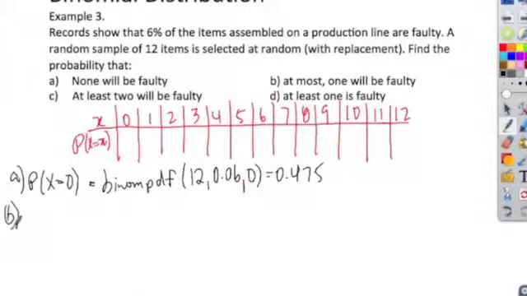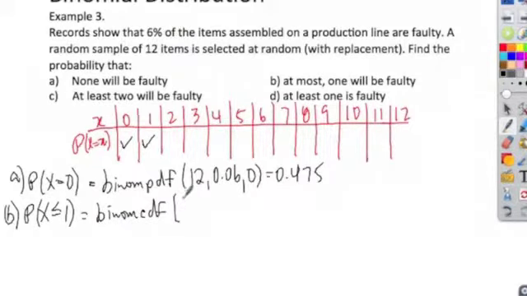Part B asks, at most one will be faulty. So the notation for that is probability x is less than or equal to 1. That's at most. All right. So now what I want to do is add up the probability of none being faulty or the probability of 1 being faulty. But again, we can do this all in one step with the calculator function. We can use binom CDF. Again, it's 12 trials. Probability of success on each trial, 0.06. And the 1 that we enter means we want the calculator to add up to and including 1.